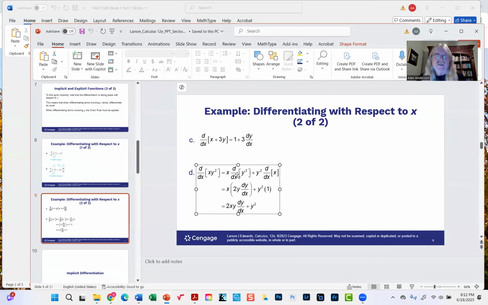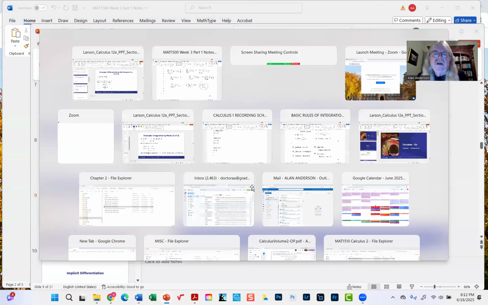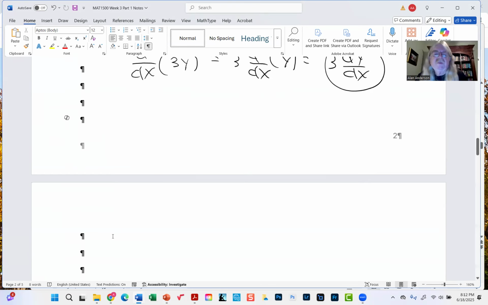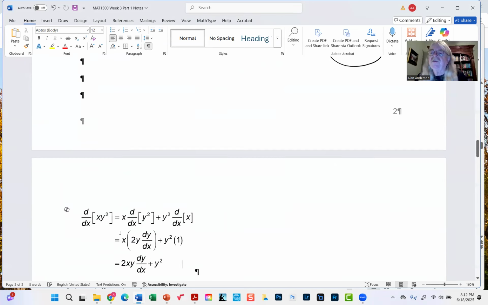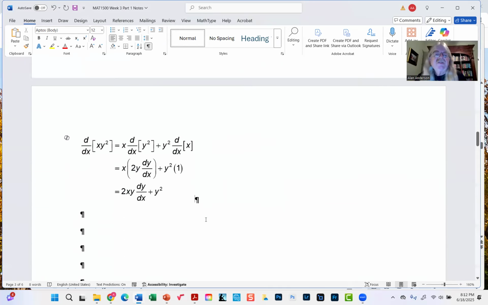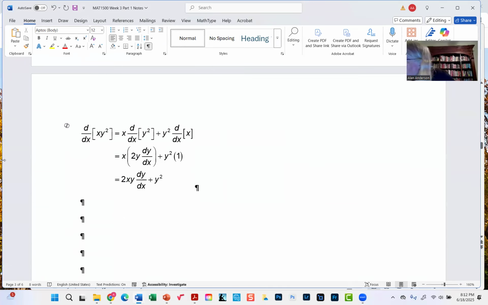Now, oh my God, look at this one. All right, here we go. We have our old friend, the product rule. Well, of course, we just learned about it, so it's actually our new friend, isn't it? So remember how that works?